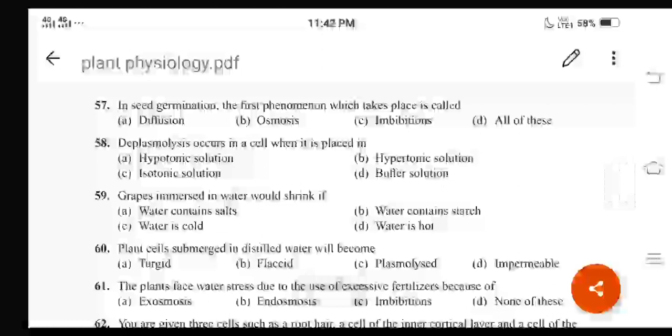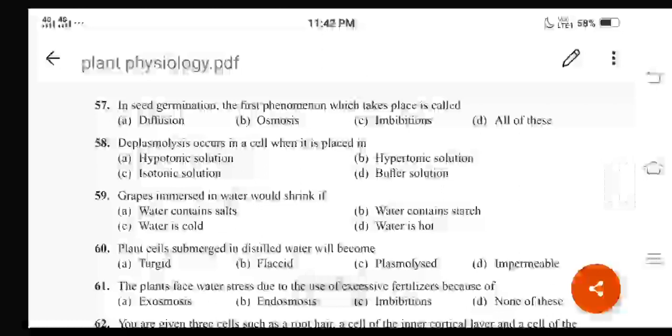Then question number 58. Deplasmolysis occurs in a cell when it is placed in. The different options are like this. One is hypotonic solution, second is hypertonic solution, third is isotonic solution, and fourth is buffer solution. What is the correct answer here? Deplasmolysis occurs in a cell when it is placed in hypotonic solution.